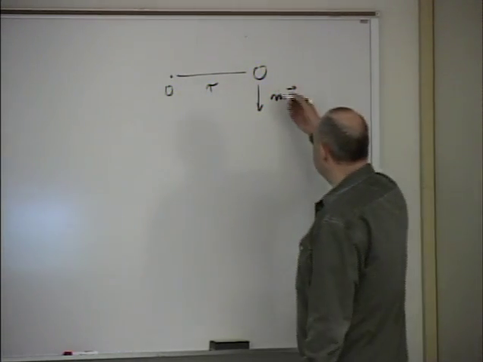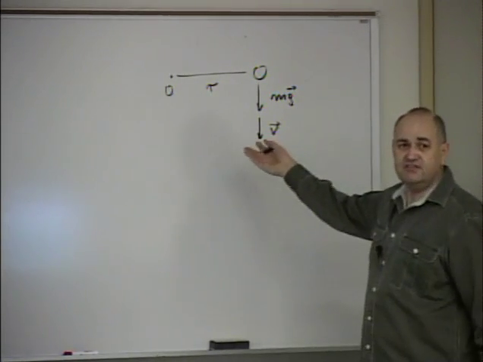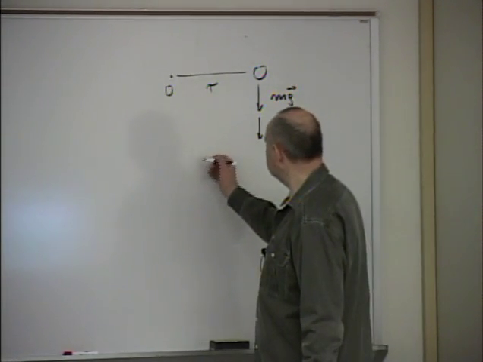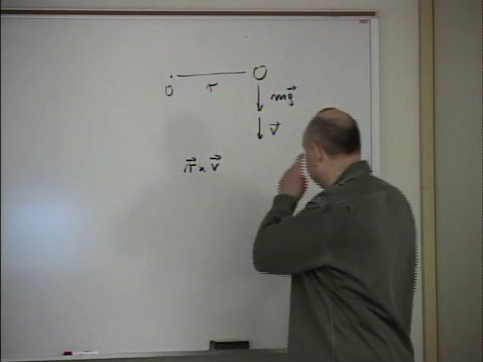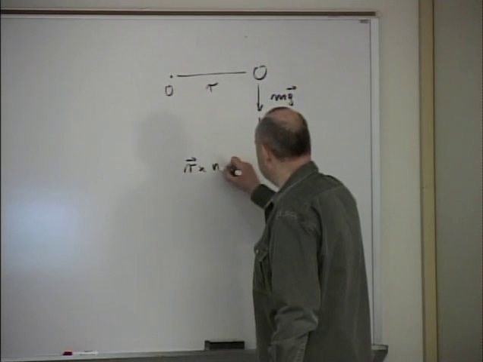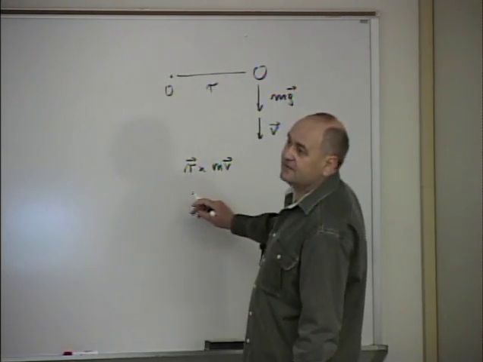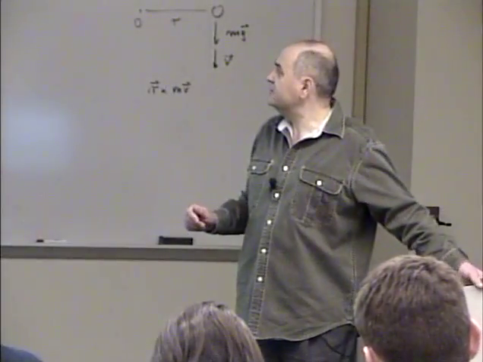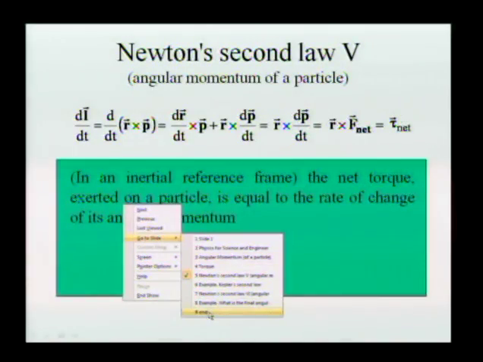So if this particle moves with velocity v, what is the angular momentum of this particle? Yes, I can write down that this is r times mv. Well, you know, why don't we come back to this problem tomorrow? This will be the end of the lecture, and see you tomorrow.